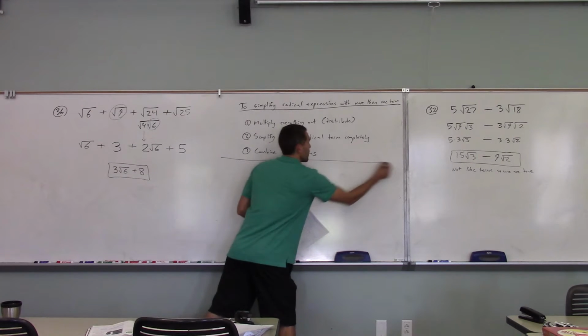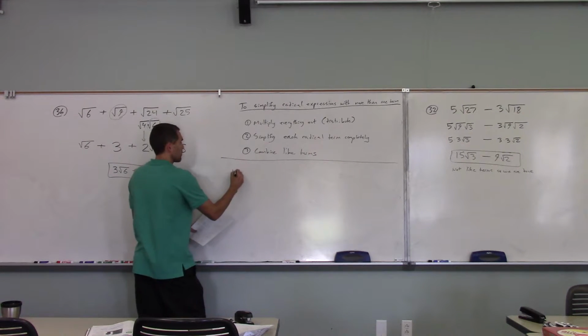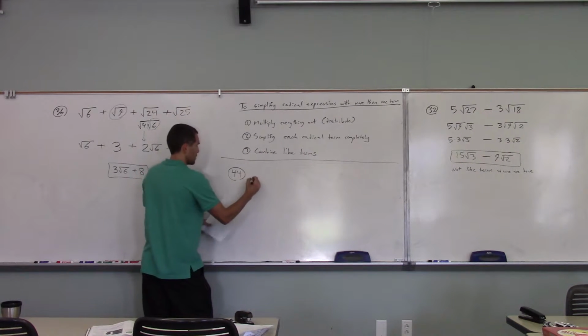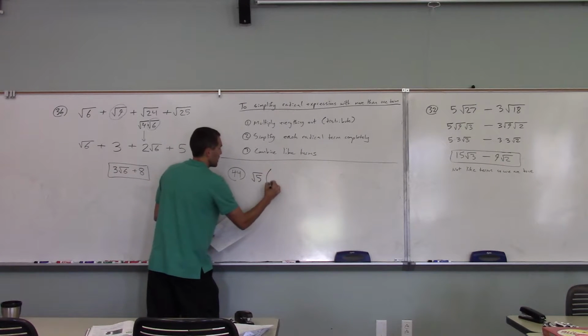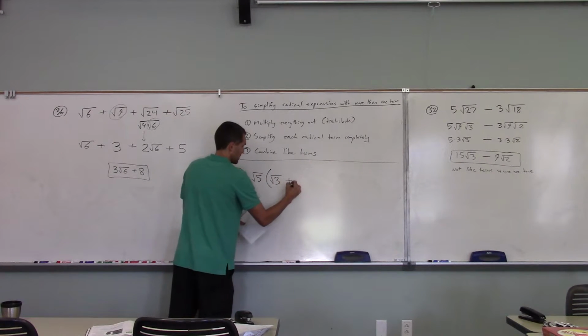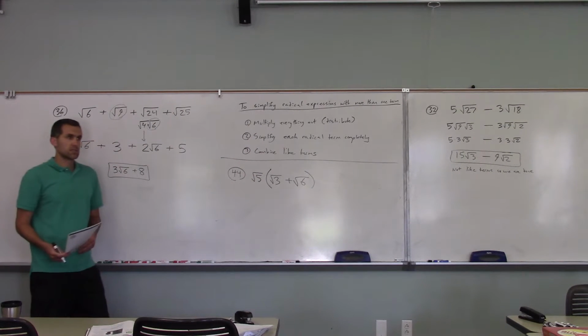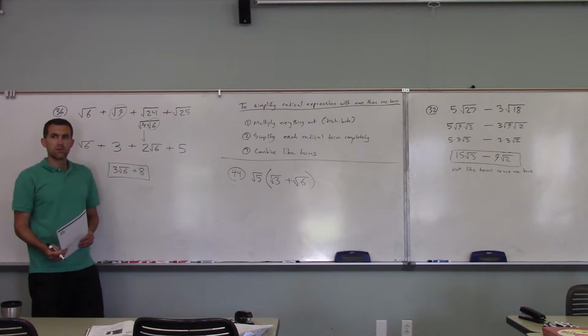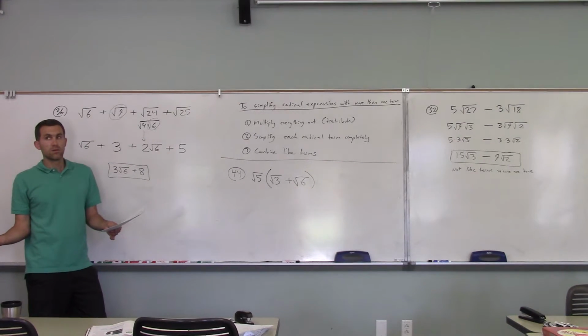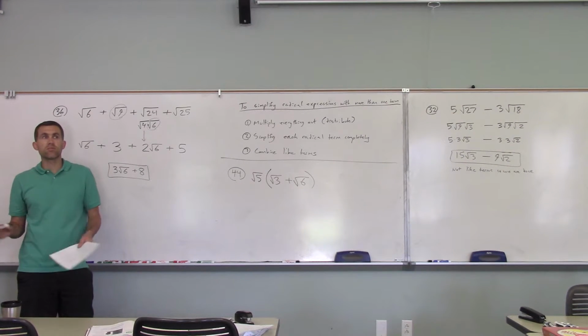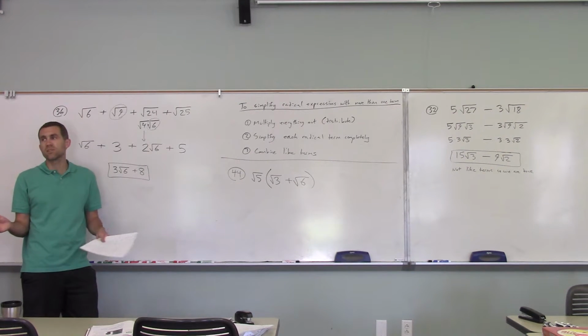Okay, an example right below that would be something like number 44, where it's square root of 5 times square root of 3 plus square root of 6. Okay, first we need to distribute. Yeah, so the first thing, anytime you're solving or simplifying, you've got these useless parentheses in there.